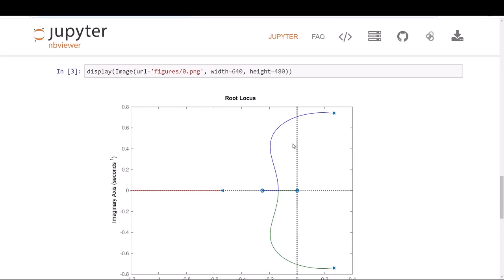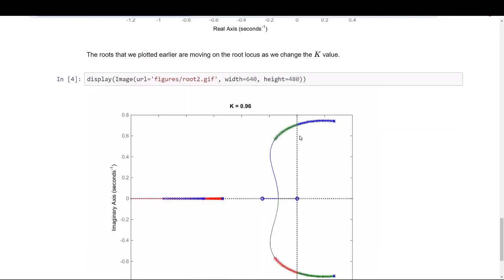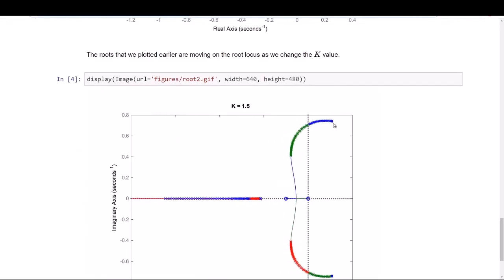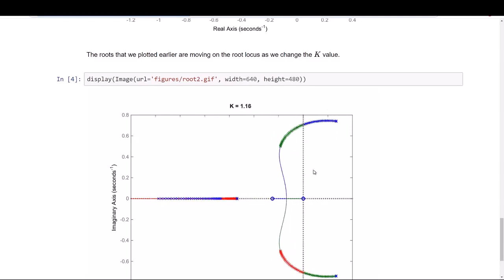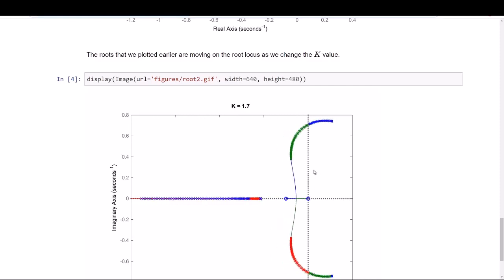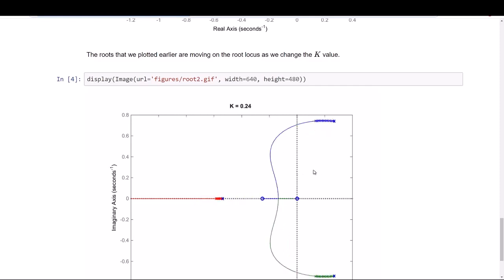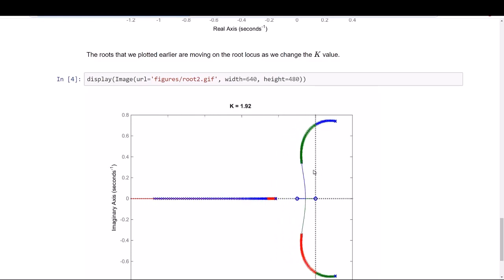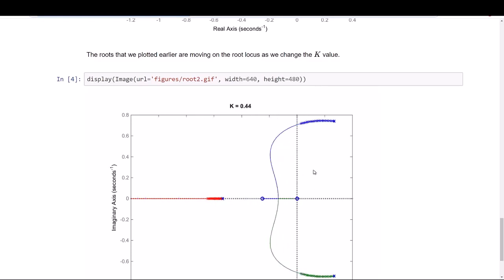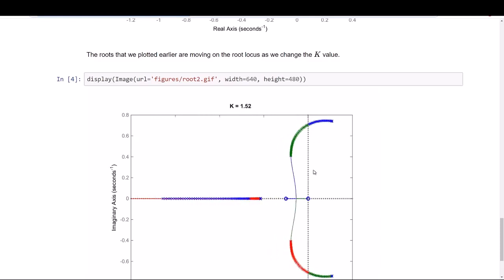Another way to think about it is that, if you're into photography, for each value of k here we are evaluating the roots of that polynomial and plotting them. As k changes from 0 to infinity, it is like collected information of all these pole locations. That might look like long exposure photography. In a long exposure photograph, each point is extended into lines.